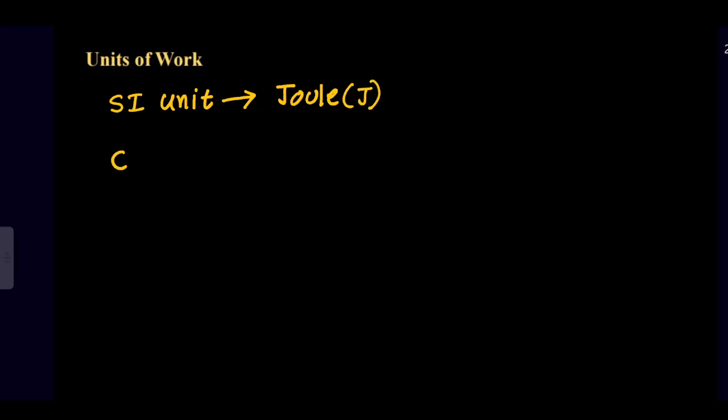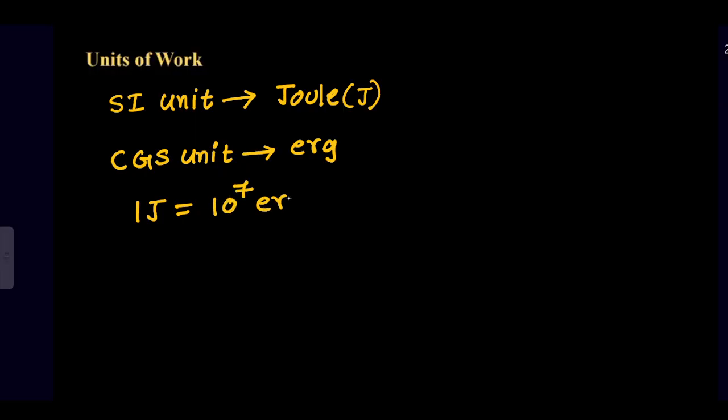And the CGS unit is erg, E-R-G. 1 joule is equal to 10 power 7 erg.